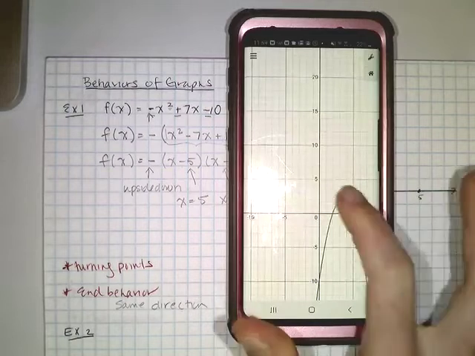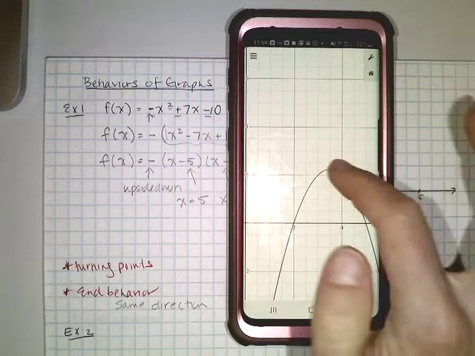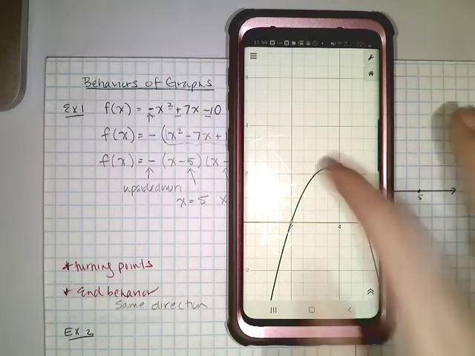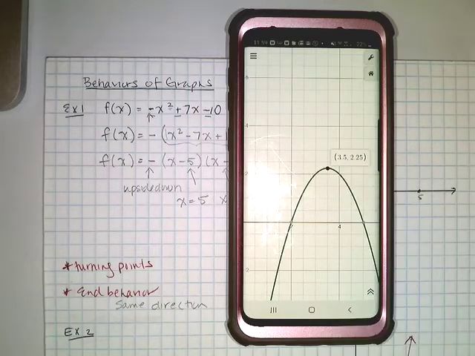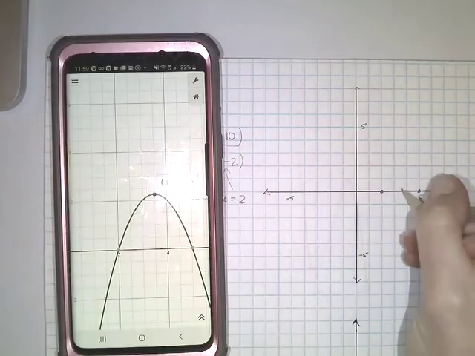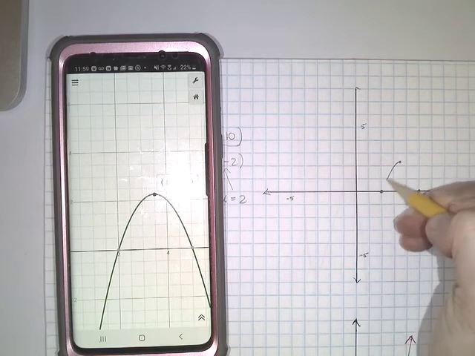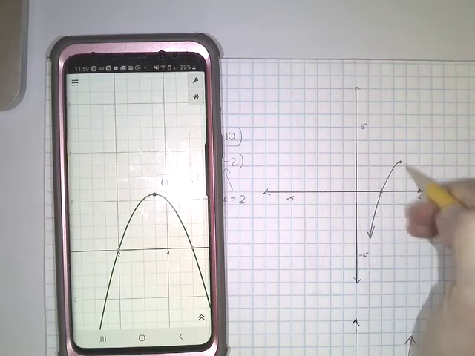Okay, and when I go to my graph here, I can see that my turning point is right here at 3.5, 2 1/4. So good estimate here. 3.5, 2 1/4. Right? Doesn't have to be perfect. You guys won't be graphing anything by hand anyway, so don't worry.